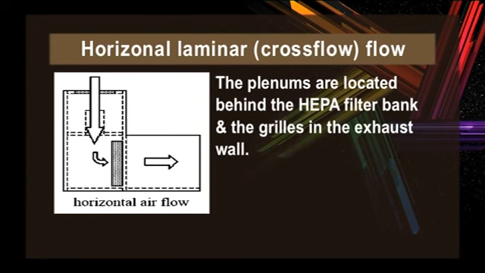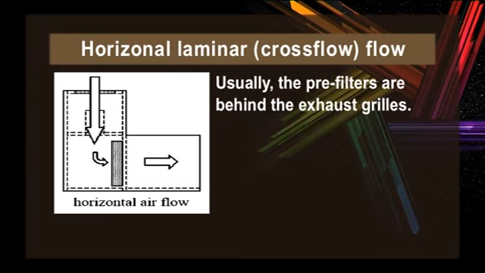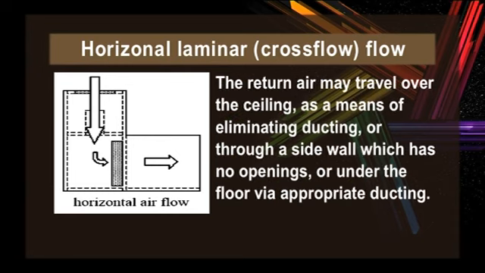The plenums are located behind the HEPA filter bank and the grills in the exhaust wall. Usually, the pre-filters are behind the exhaust grills. The return air may travel over the ceiling as a means of eliminating ducting, or through a side wall which has no openings, or under the floor via appropriate ducting.